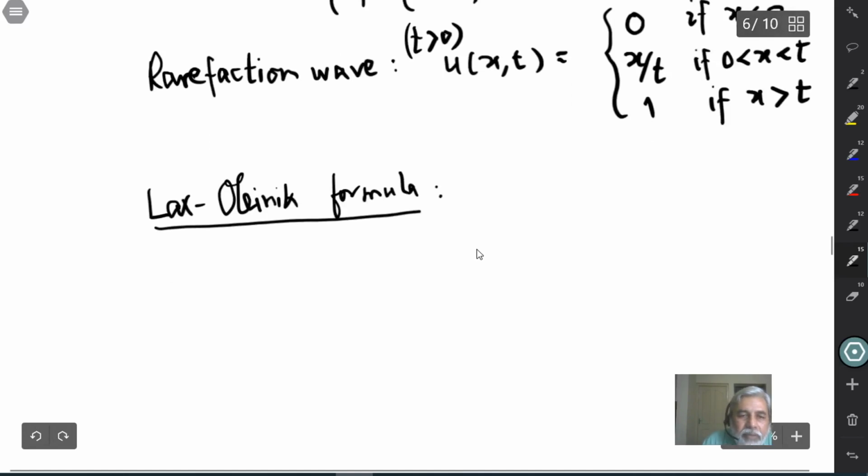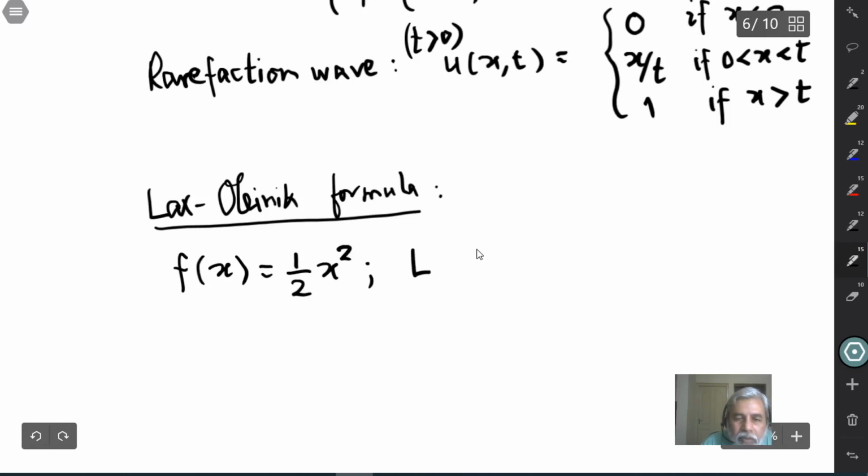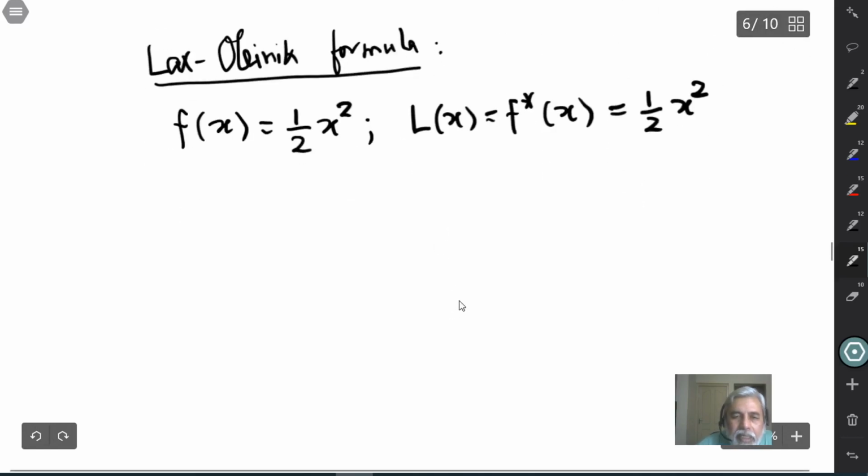Let's see that. Here f of x is equal to half x square, and so its Legendre transform is also easy to verify, also half x square, and we are interested in the minimizer.